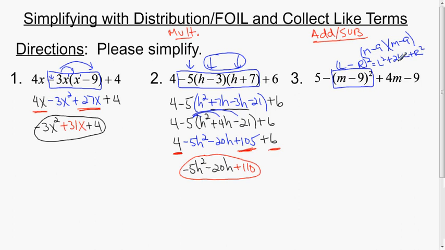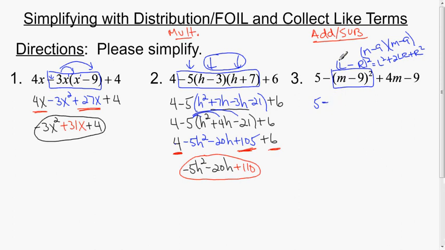Okay, so continuing with that, I'm going to pull down my 5 and my minus sign, and I'm going to pull down my parentheses because you are in fact going to subtract a quantity here.